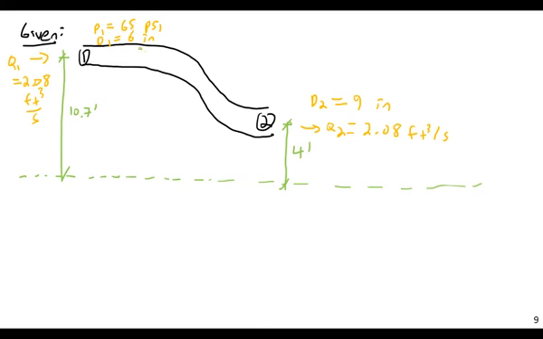So we're starting with a pipe with a diameter of 6 inches, going to a pipe with a diameter of 9 inches. We have the flow rate constant, and the height is also changing. So now everything is changing all at once. We don't have a very simple trading of one variable for another. We have a complete exchange between the different forms of energy. So this one is a bit more complicated than the previous things we've looked at.